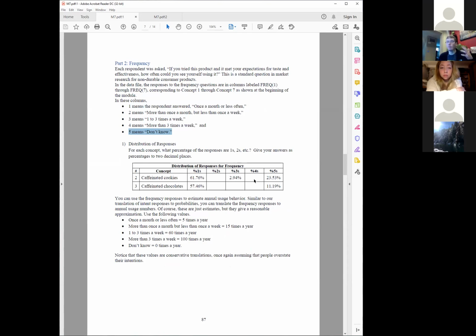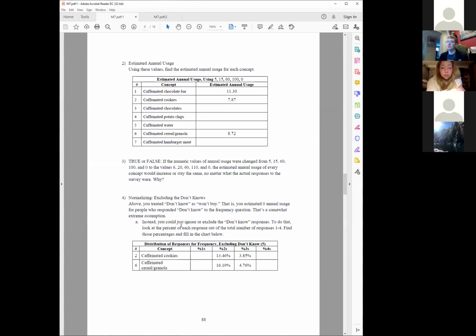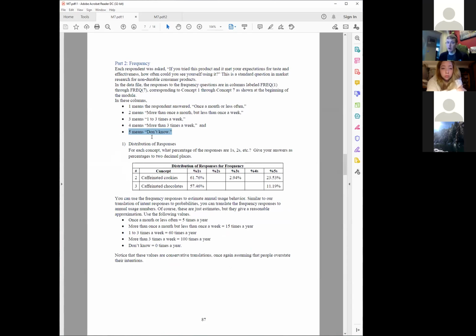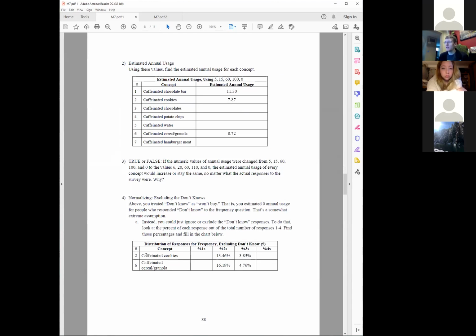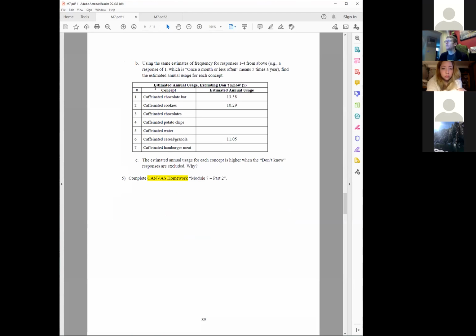They didn't know, and so it doesn't correspond to an amount that they're going to buy. And so what we're going to do down below is say, okay, let's ignore the fives, because 5 doesn't mean they're going to buy it a lot. It just meant they don't know. So let's throw those answers out and redo all these steps, only including 1, 2, 3, and 4. And likewise with this one, we're also excluding the fives.